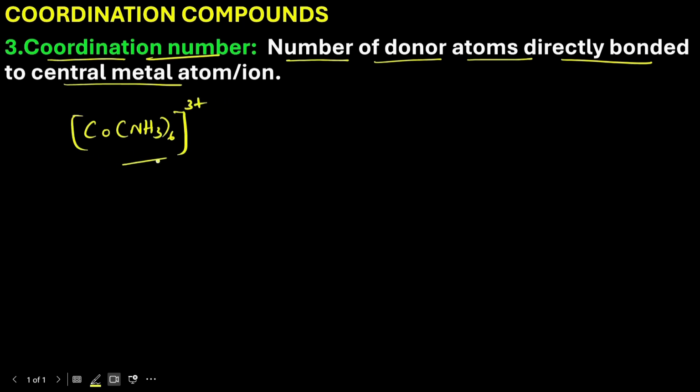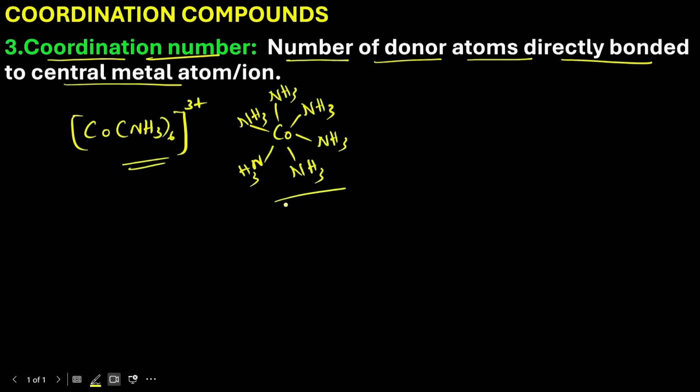If you write the structure of this coordination compound, cobalt is bonded to 6 NH3 ligands, right? NH3, here NH3, NH3 and NH3. Okay. Here 6 ligands are attached to cobalt.